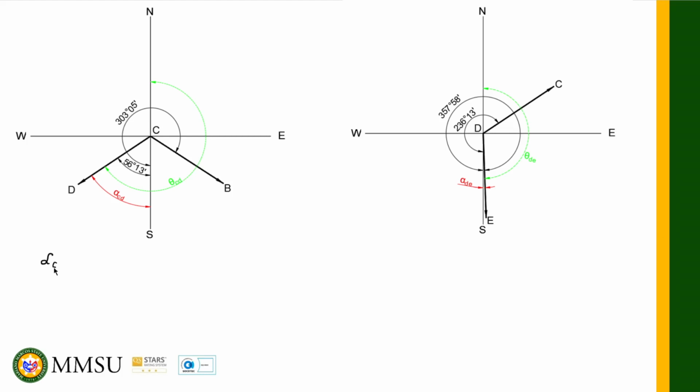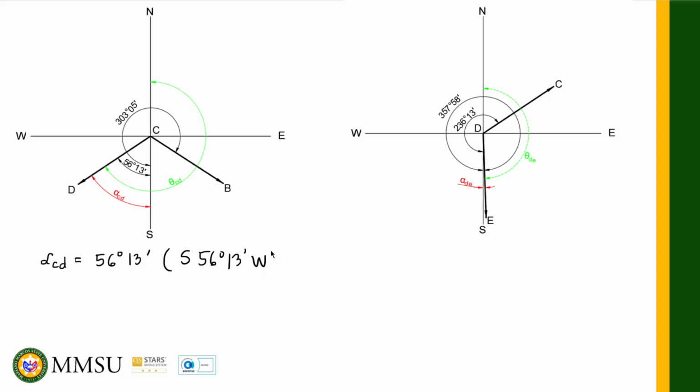Okay, so alpha CD, we don't need to calculate, we just copy 56 degrees 13 minutes. Okay, so this is from the south going to the west, therefore the bearing is south 56 degrees 13 minutes west.